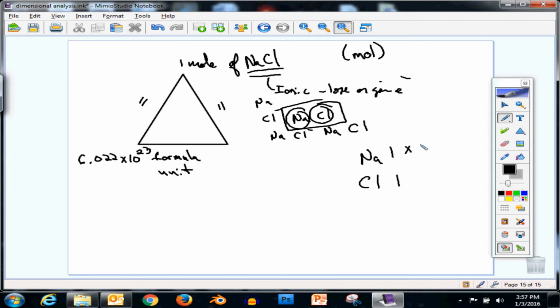What's this one? Now we just got to find the molar mass. So sodium, chlorine. How many atoms of sodium? 1. How many atoms of chlorine? 1. 22.999 and 35.45. Add those together and you should get 58.